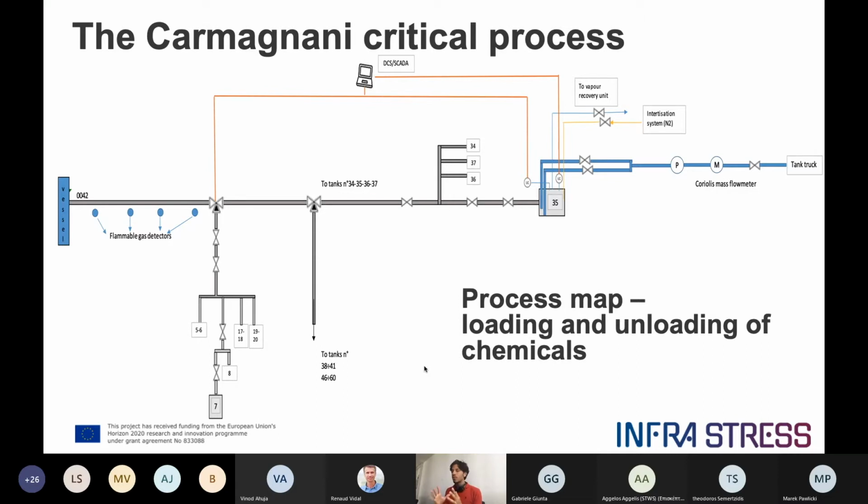Carmagnani highlighted a critical industrial process in their infrastructure, where there is the loading and unloading of chemicals that are highly flammable. So they are very risky in terms of safety for human beings and for the environment.